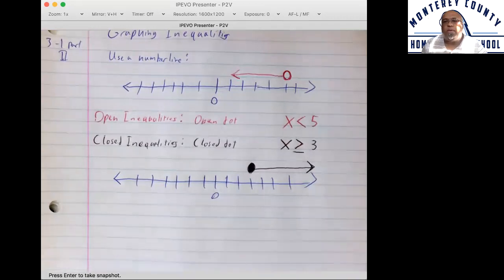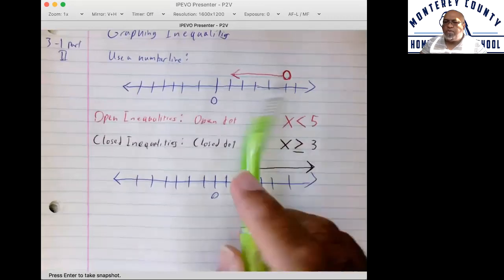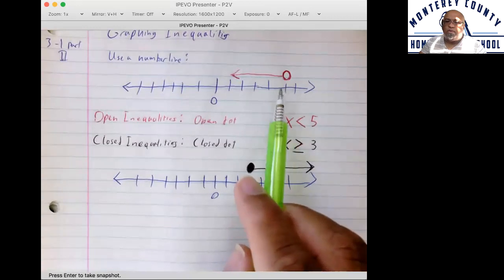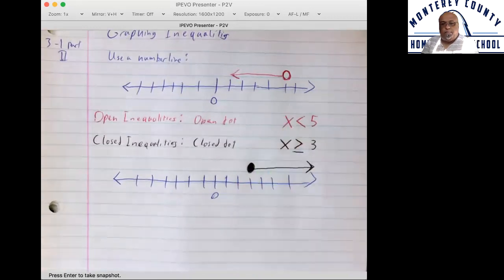A lot of times people get stuck and have a hard time figuring out which way the arrow is supposed to go when I make the inequality. I get that I put the dot where the number is, but which way does my arrow go? I'm going to give you a little hint.